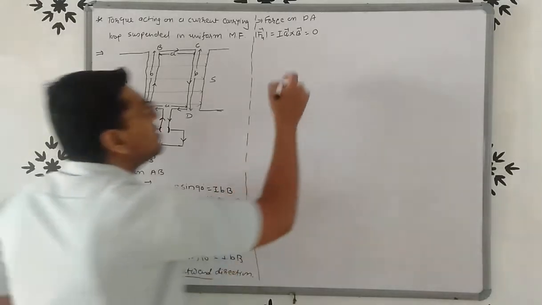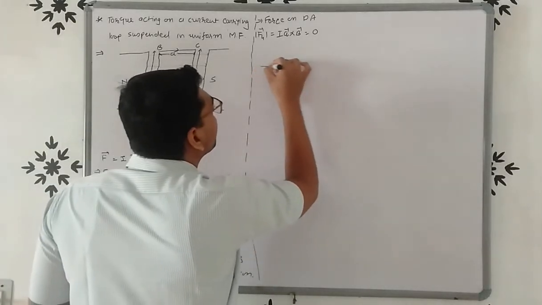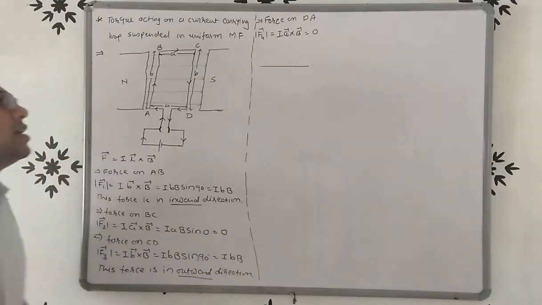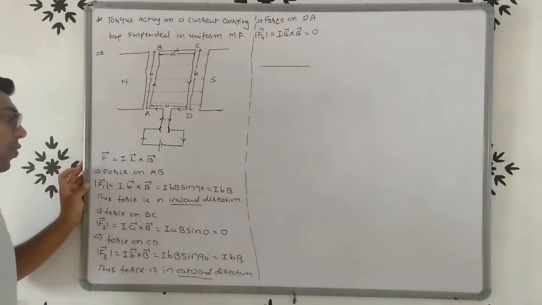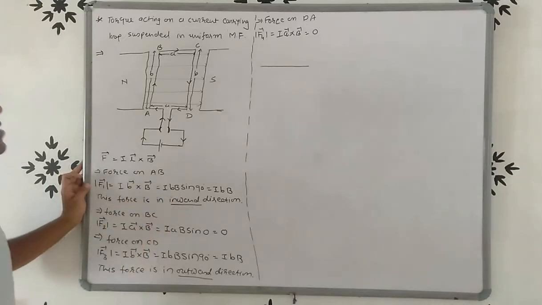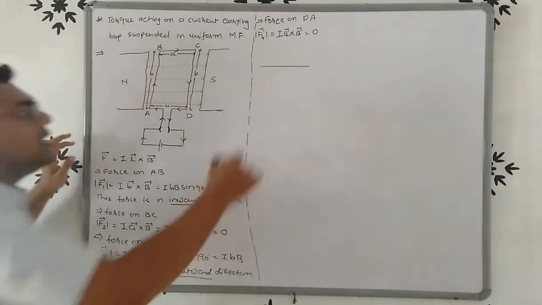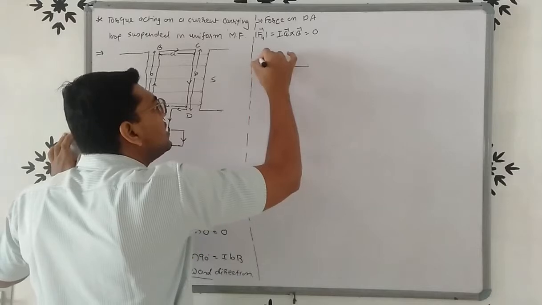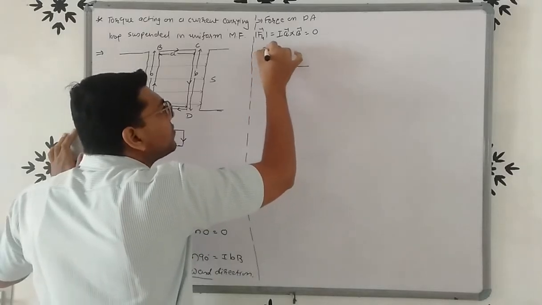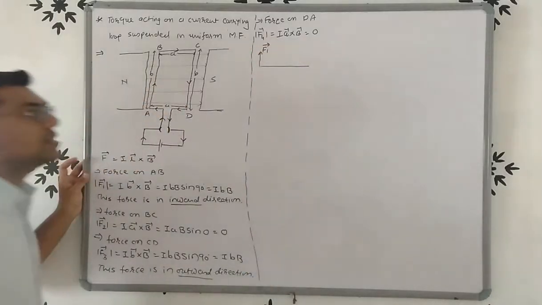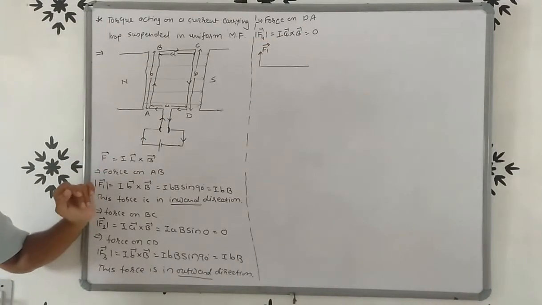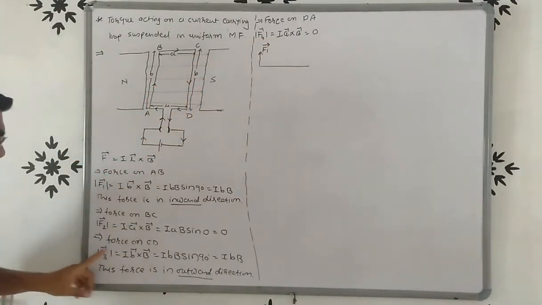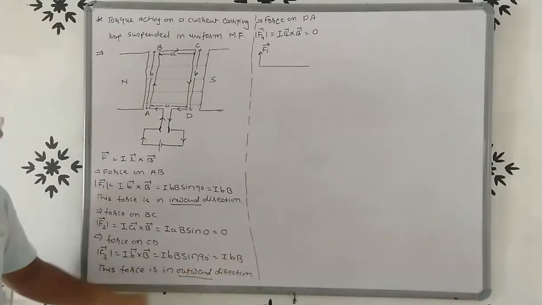So see here friends, this loop will be like this, right? Now the direction of force on AB is inward. So this is AB and the force F1 is in inward direction. Then the force on CD, F3, is I small b capital B, but outward.